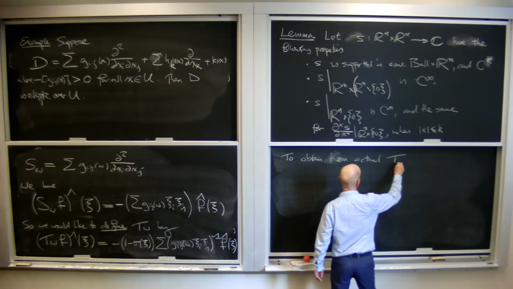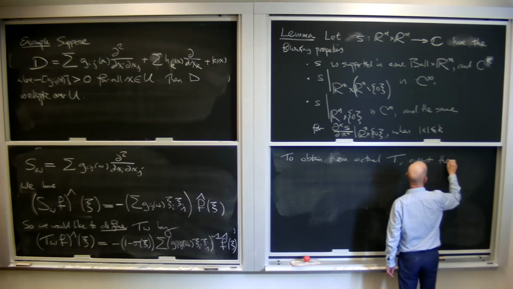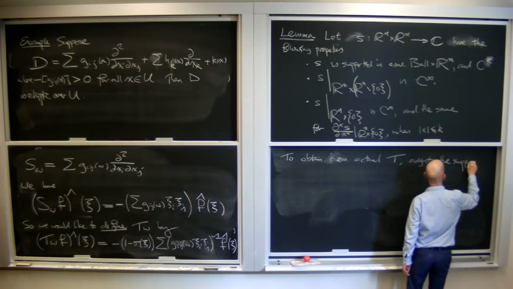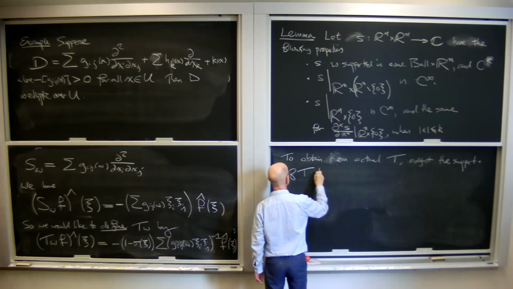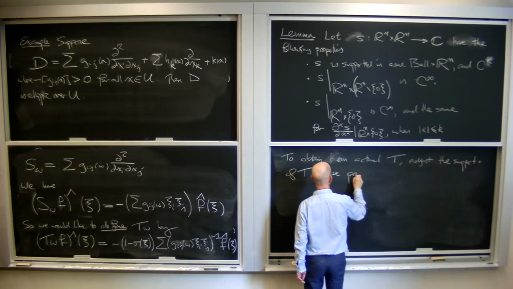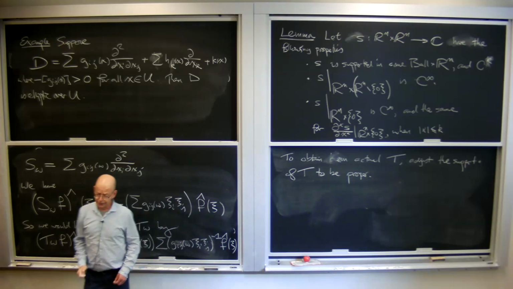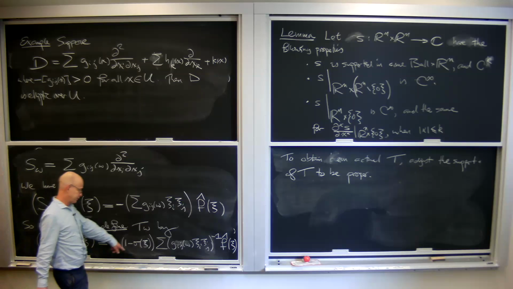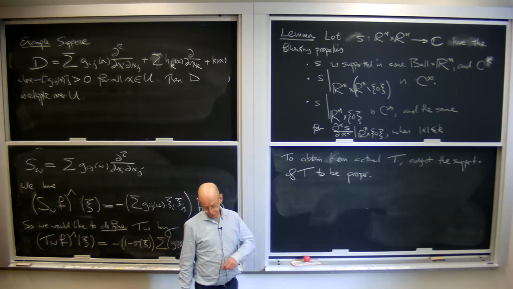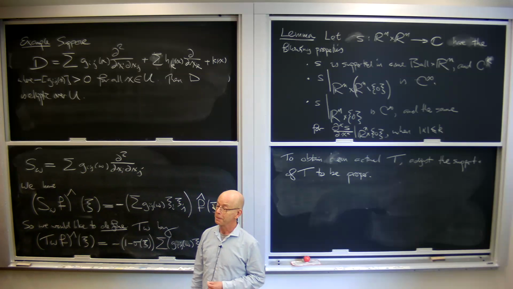We just have to adjust the support of T. And what that means in Fourier transform land is we want to make this function here into a function whose Fourier transform is compactly supported.